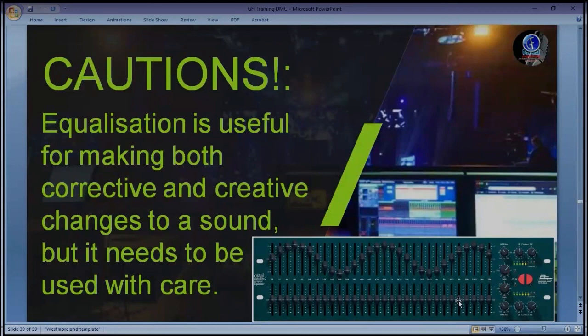If you don't know the frequency range at which your floor tom-tom falls, it will be very difficult for you to get a good mix for your floor tom-tom, even though there is a mic on the drum. So you can see that we cannot overemphasize the use of equalization for both corrective and creative changes of sound.